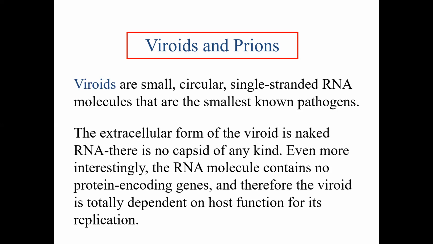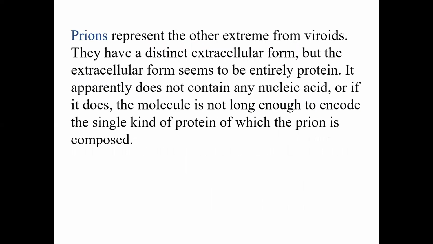They are small circular single-stranded RNA molecules, and they can act as pathogens. They have an extracellular form where they lack a capsid, meaning they just exist as a naked strand of RNA, right? Which is extremely interesting because you have no protein-coding genes. They just copy the RNA to create new viroid particles.